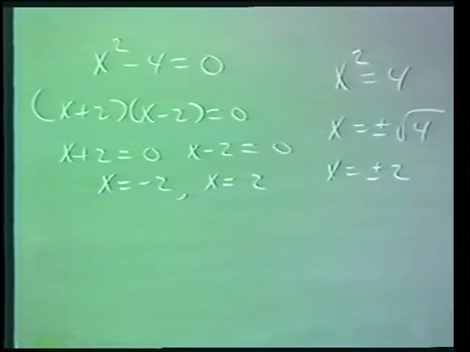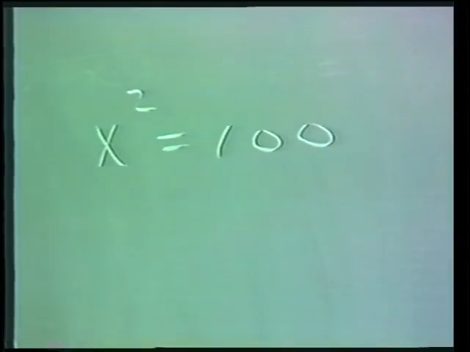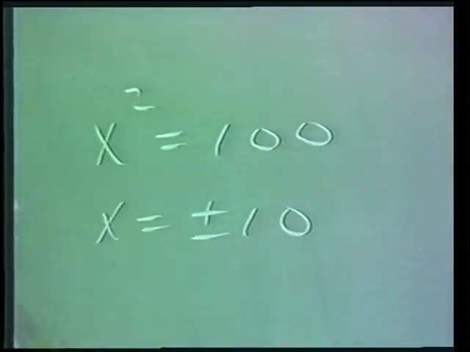Let's suppose we have x squared equal 100. Kathy, what is x going to equal? 10. Plus or minus. Remember, always plus or minus 10. You get plus or minus the square root of 100.